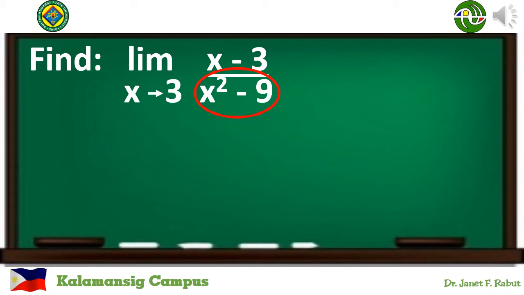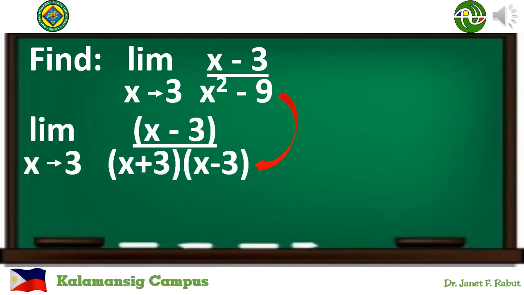Yes, it fits the form of difference of two squares, or the factors are x plus 3 and x minus 3. Now, write the limit of x minus 3 over x plus 3 times x minus 3 as x approaches 3. Again, cancel the common factor and work on the remaining terms.